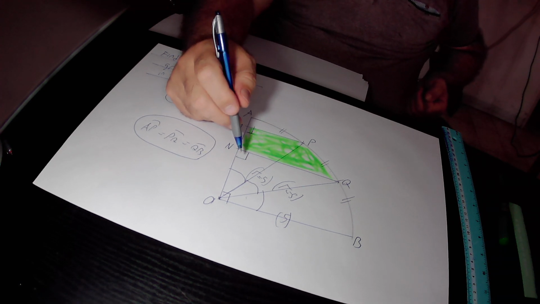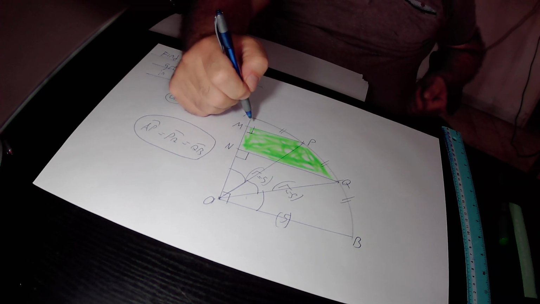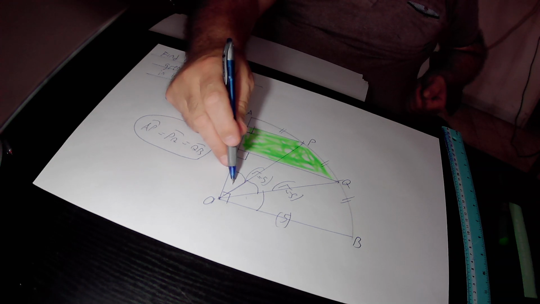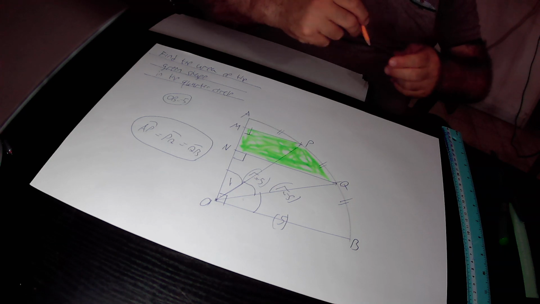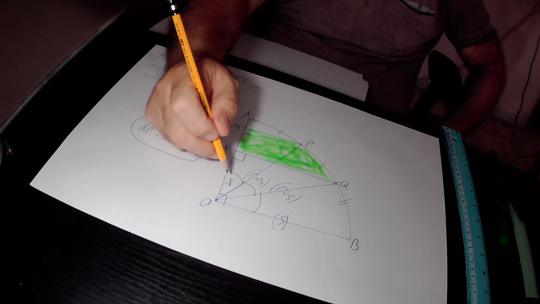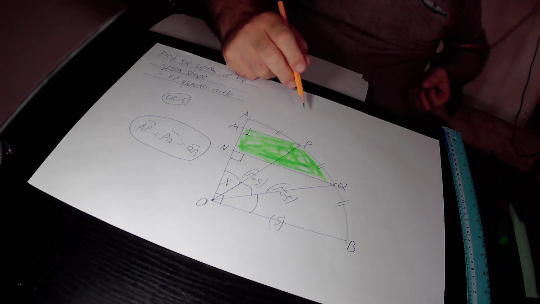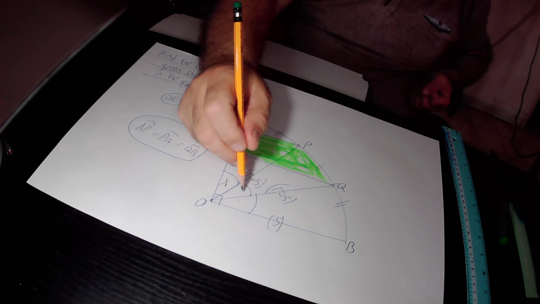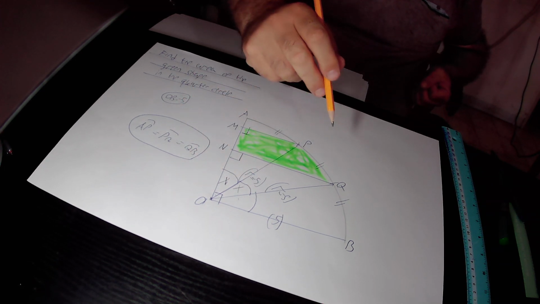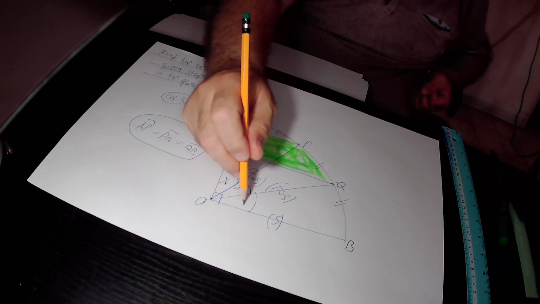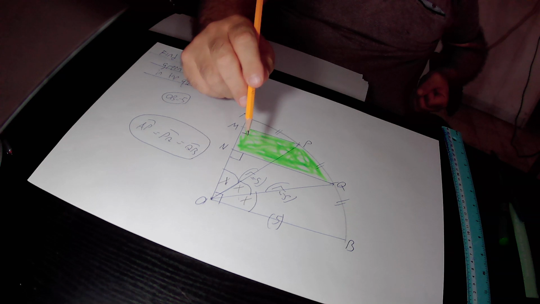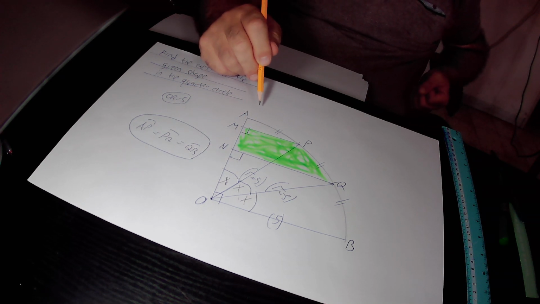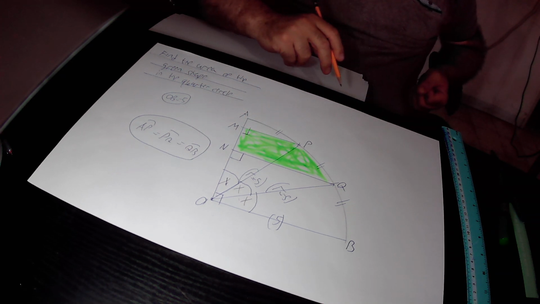So if we define the size of this center angle AOP as X, then the size of center angle POQ must also be equal to X, and the size of center angle QOB must also be equal to X, because those center angles are located in front of the equal arcs AP, PQ, and QB.